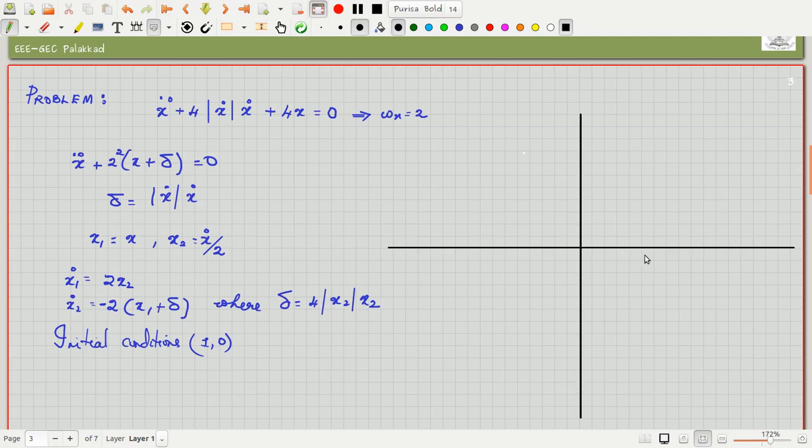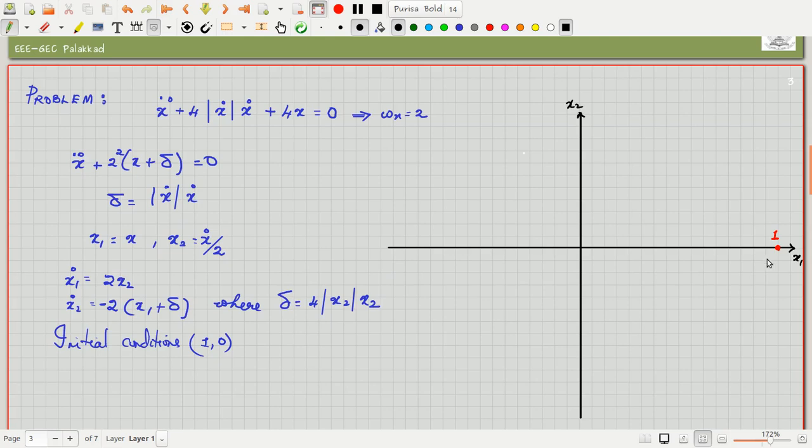I will take the initial point somewhere here, a far away point, because drawing the arcs is quite difficult. This is the x1 axis and this is the x2 axis.